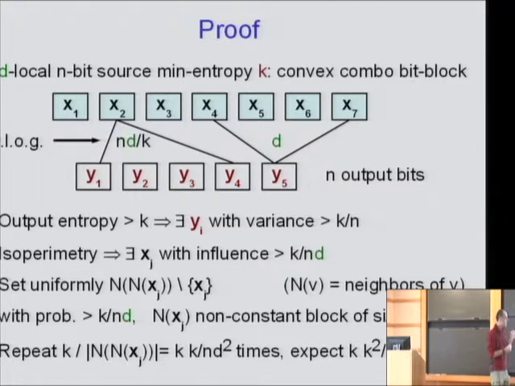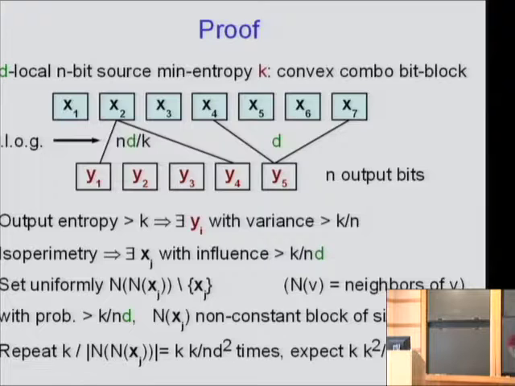All right, now I have a bit here which is somewhat unbiased, and it only depends on a few input bits. So now I can apply an argument known as isoperimetry, which says that some input bit here must have somewhat large influence on this bit.